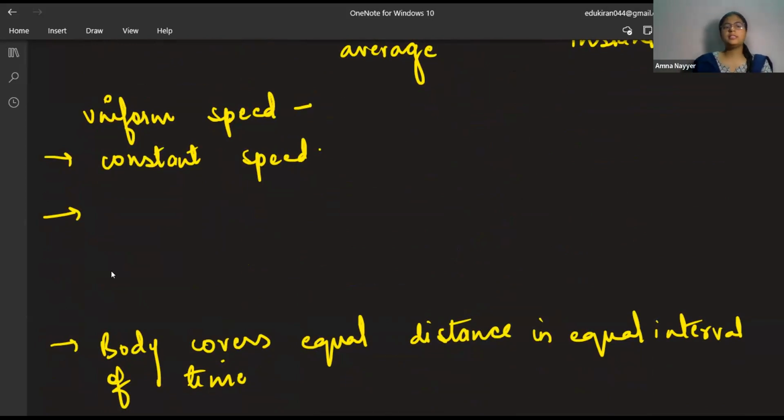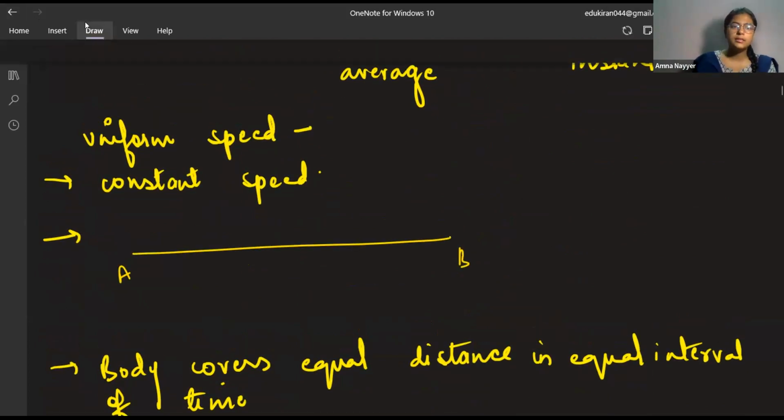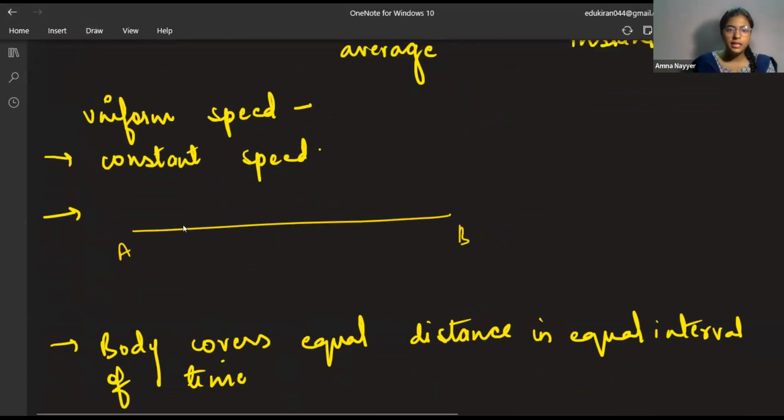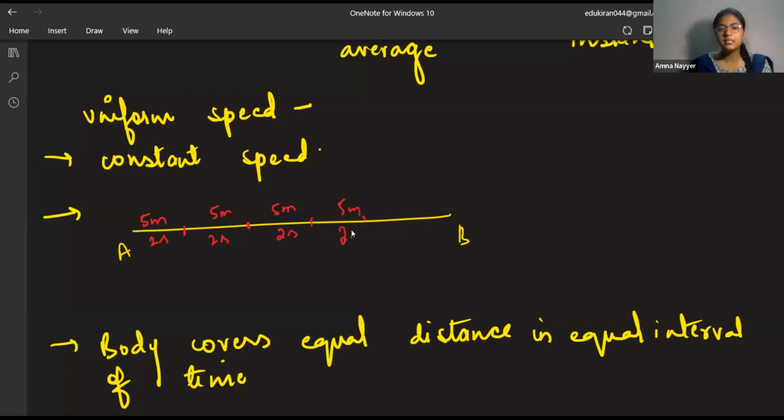For example, this is the distance A, B. I want to move from A to B. I have covered 5 meters in 2 seconds. Then again, I am covering 5 meters in 2 seconds, and again 5 meters in 2 seconds, and so on.